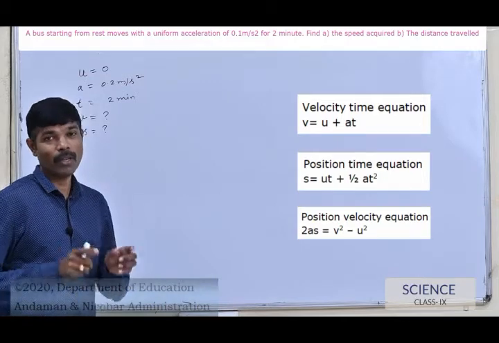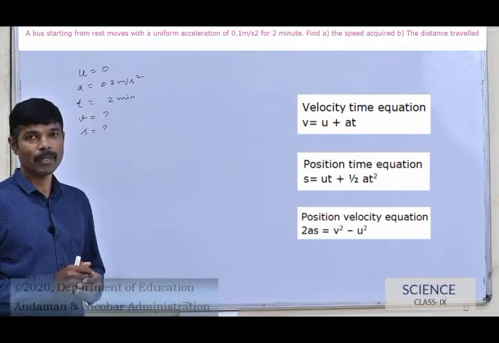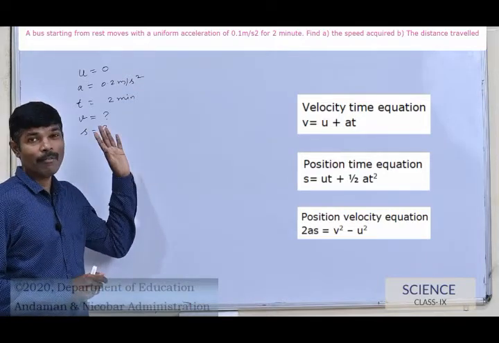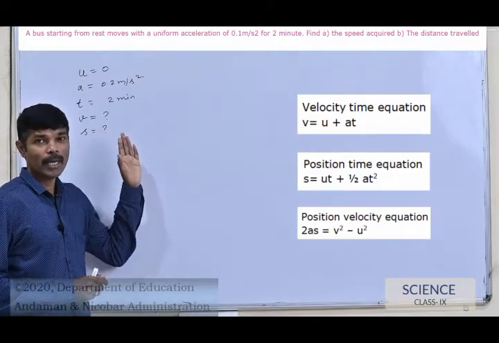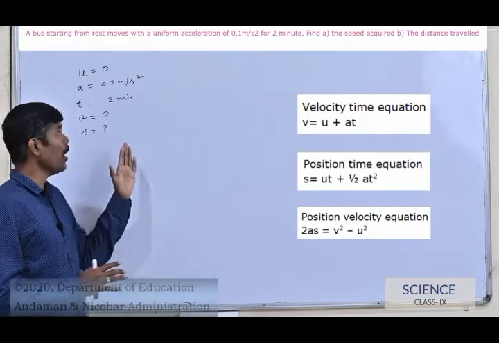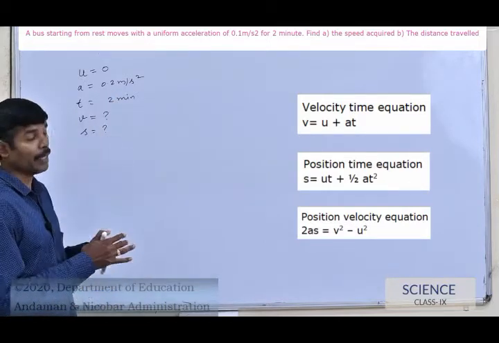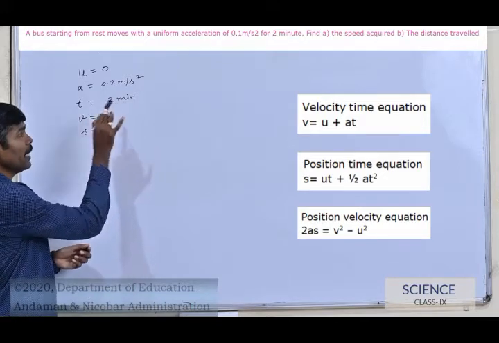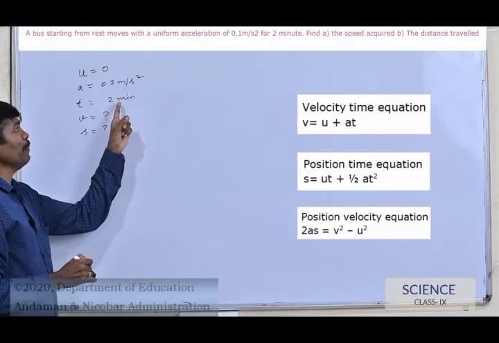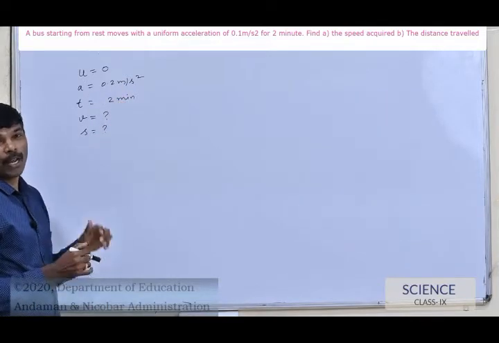Before solving any numerical problem, we have to see the unit of each physical quantity, whether all the units are the same or not. In order to solve this, units need to be corrected. Here time is in minutes, so we need to convert this time from minutes to seconds.